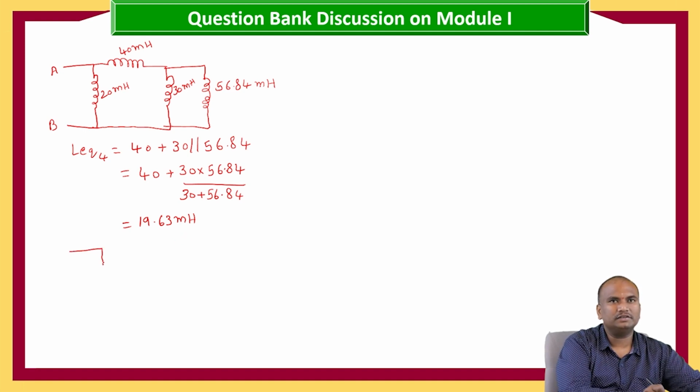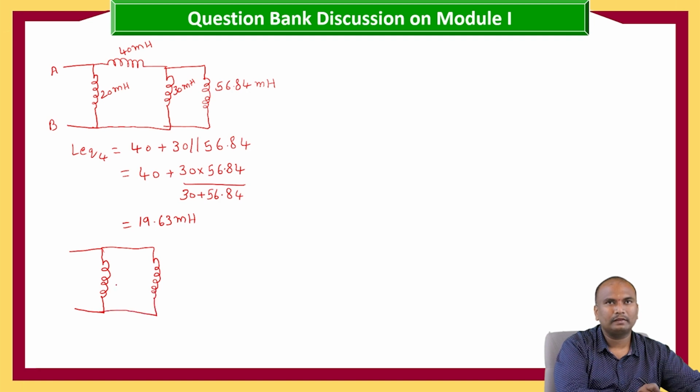Now we got the L equivalent 4 as 19.63. Now our circuit will become 19.63 millihenry and 20 millihenry. This is A, B. If you see, between these two terminals, these two inductances are connected in parallel.